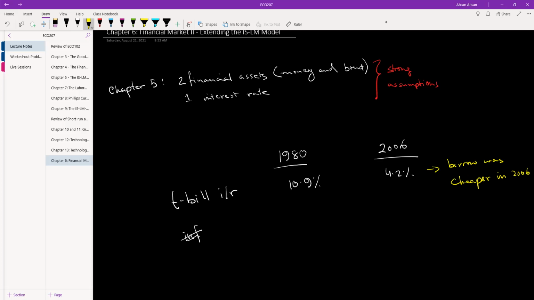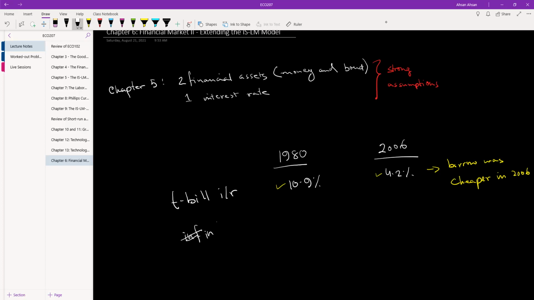Because if you borrowed in 2006, you had to pay an interest of 4.2%. But if you borrowed in 1980, you have to pay an interest of 10.9%. So if this is all the information we have, then of course that would be our conclusion.